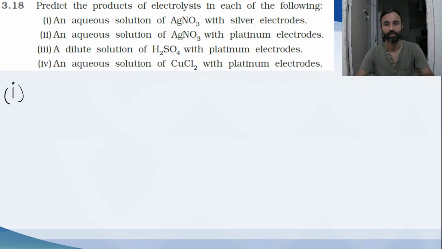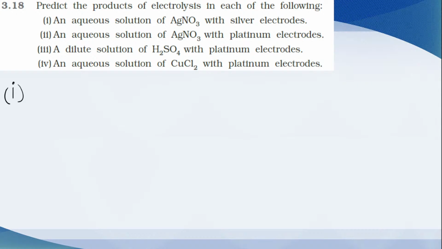See, here there are two types of things. First is silver nitrate with silver electrodes, second is silver nitrate with platinum electrodes.